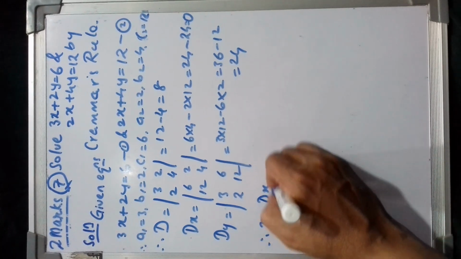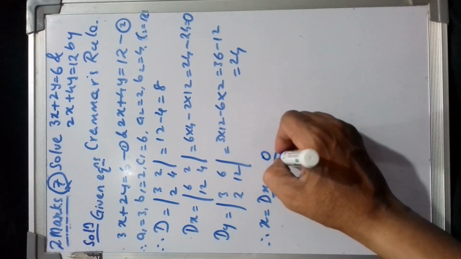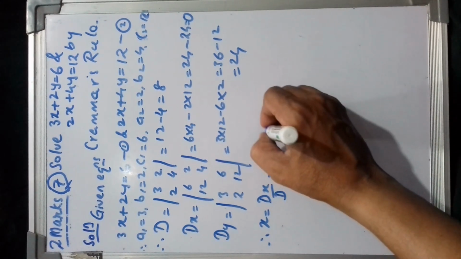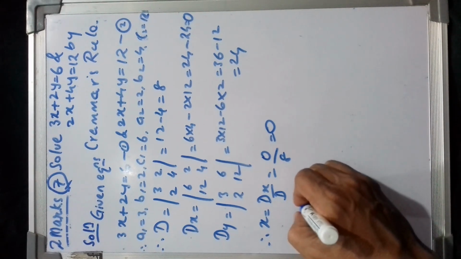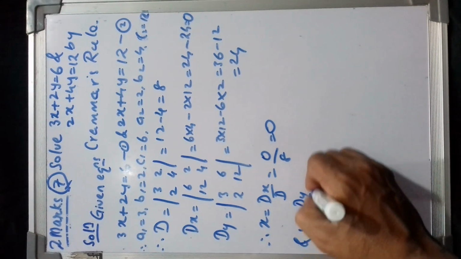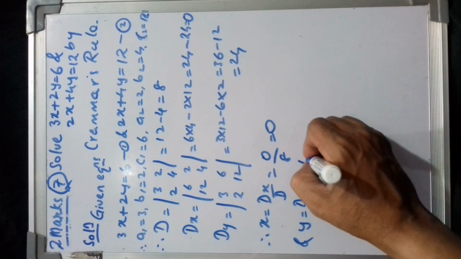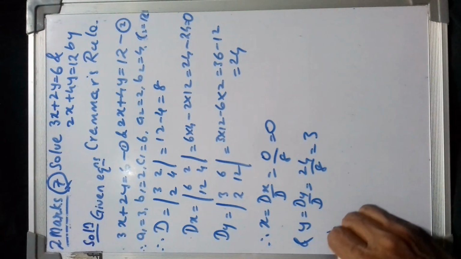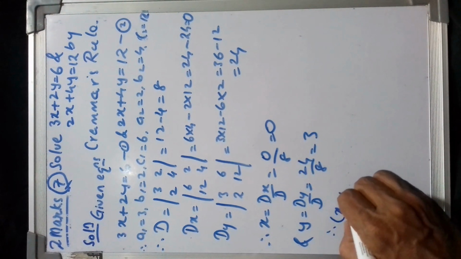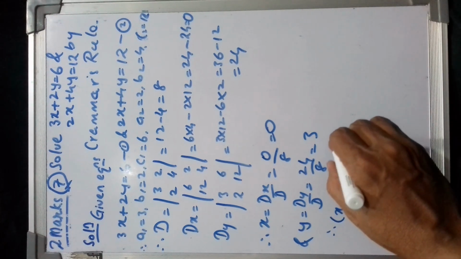So dy is equal to 24 and x is equal to dx upon D. So it is 0 upon 8, it is 0, and y is equal to dy upon D. So dy is 24 upon 8. So this y we get is 3. So the solution is x comma y is equal to 0 comma 3.